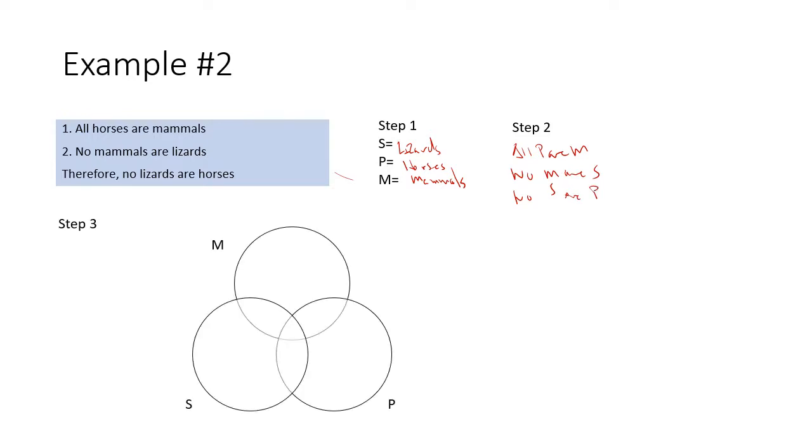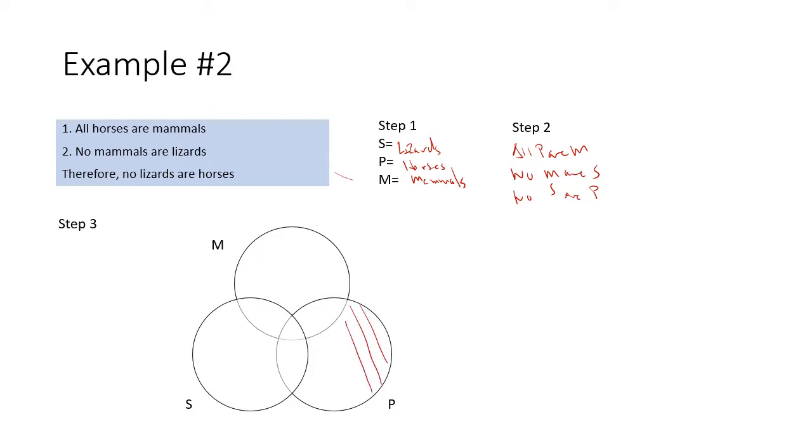Alright, so here's a situation where everything you do involves shading, so it doesn't matter which one you do first. So we'll just go in order here. All P are M is a universal affirmative, so that means that everything in the P circle is also in the M circle, so that means this part of the P circle is empty.